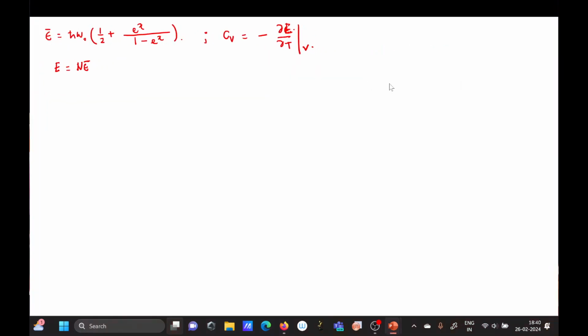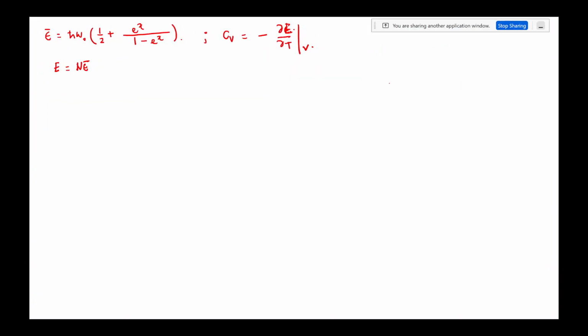So this will be Cv, d/dT at fixed V. Now if you write that into these calculations, this will become 3/2 in h cross omega naught plus 3 in h cross omega naught to the power.